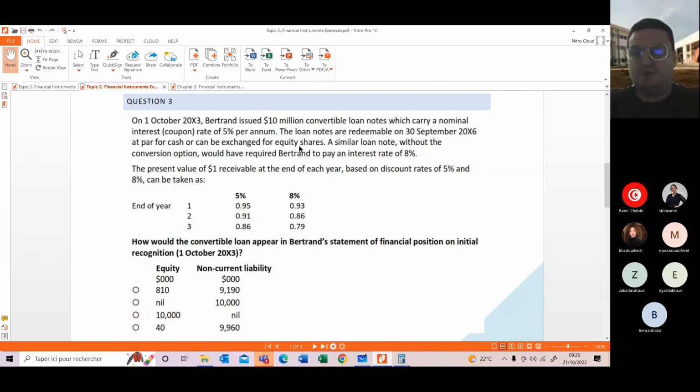So we have here the option to redeem the loan notes, or finally convert these loan notes into equity shares. A similar loan note without the conversion option would have required Bertrand to pay an interest rate of 8%. The present value of $1 receivable at the end of each year based on discount rates of 5% and 8% can be taken as follows.